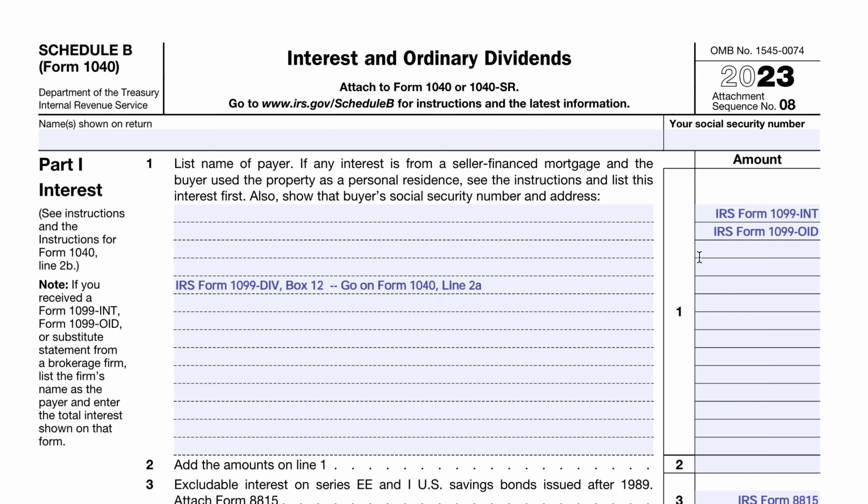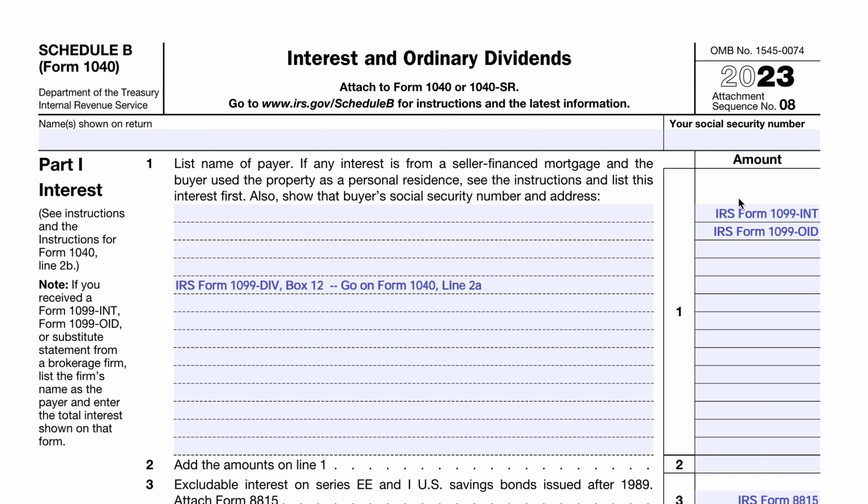But in Part 1, we're reporting interest income, so you're going to need all copies of your different Form 1099-INT, that's interest income, or Form 1099-OID, and that's original issue discount.